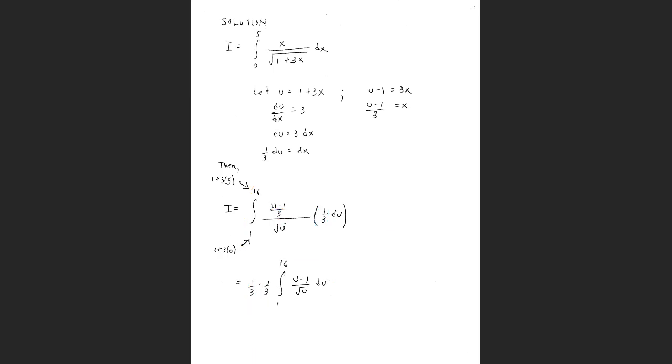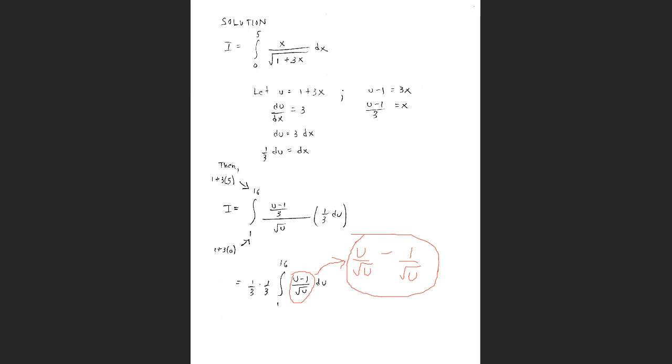And the question is, would this u minus 1 over square root of u be the same as u over the square root of u minus 1 over the square root of u? I mean, would that fraction be the same as this fraction?